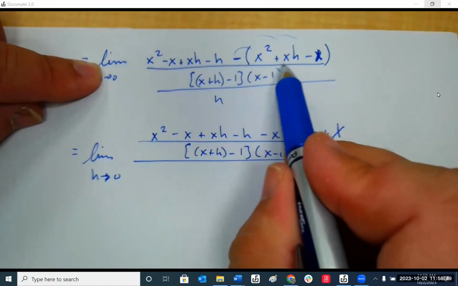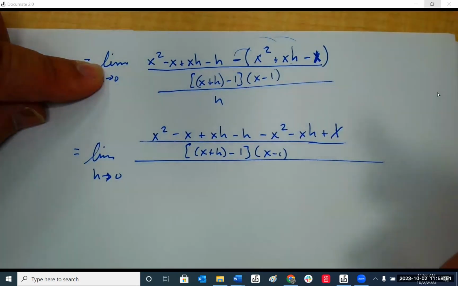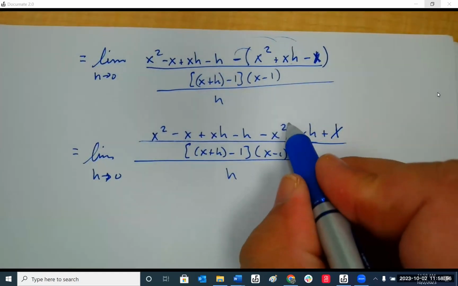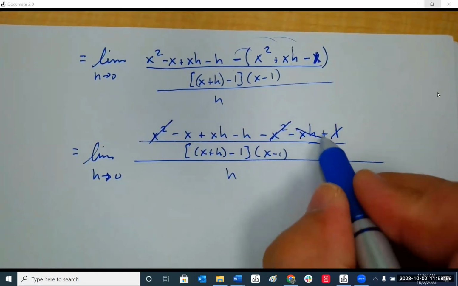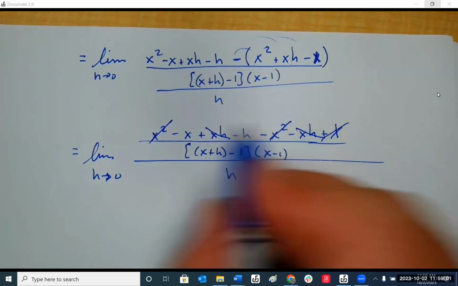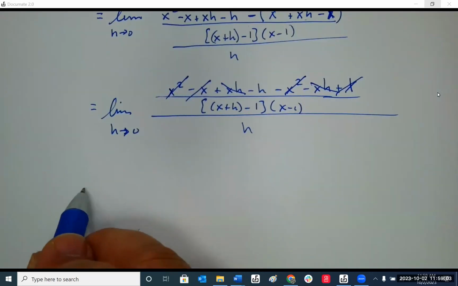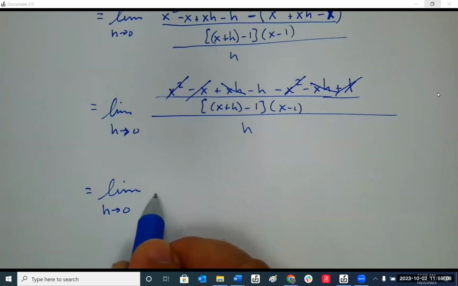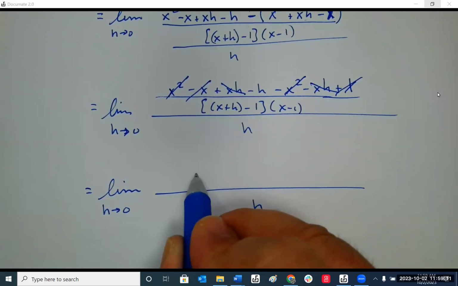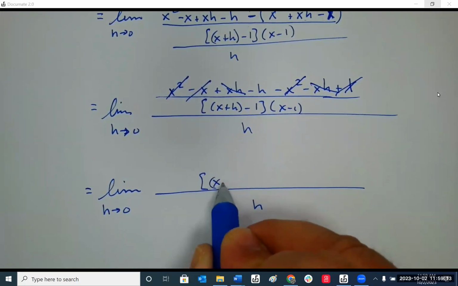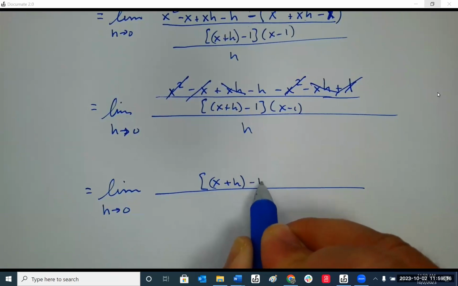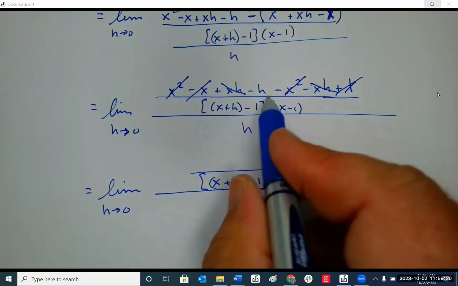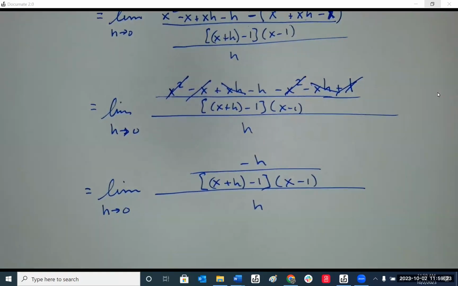So it'll become negative x squared, negative hx, positive x. Well, the x squared cancel and the x cancel. So on top, all we have is negative h.